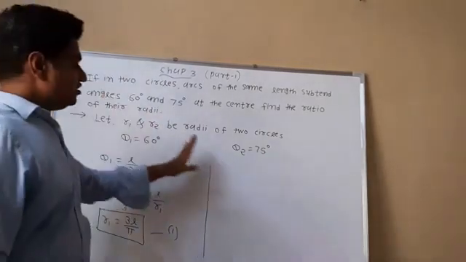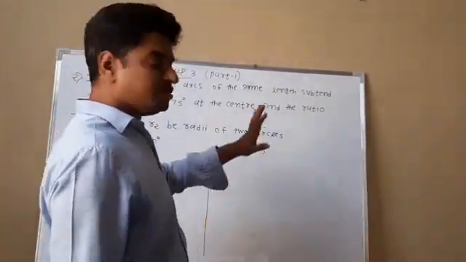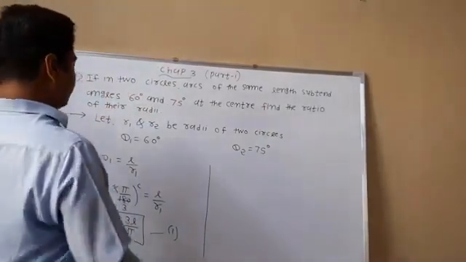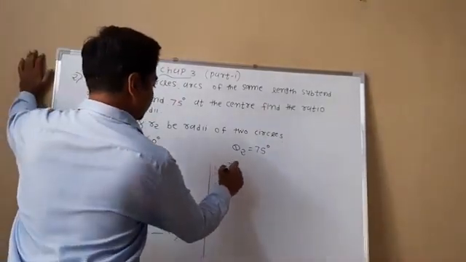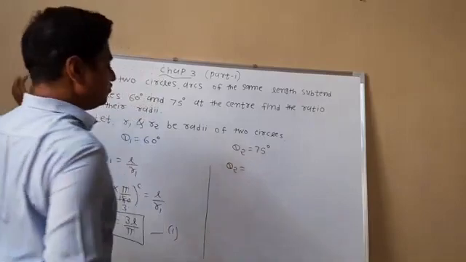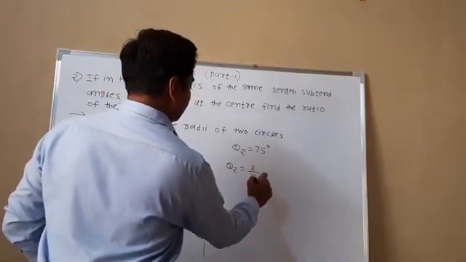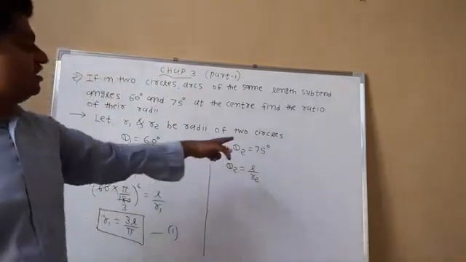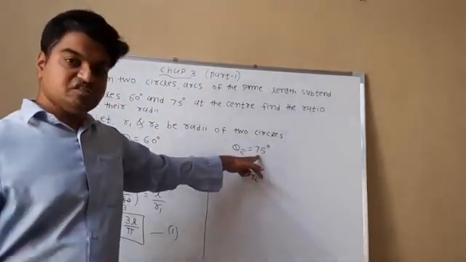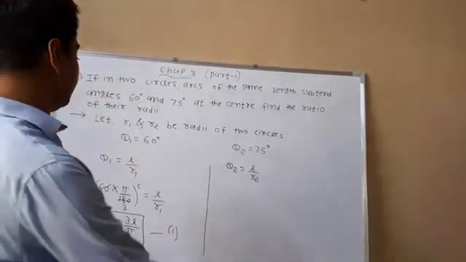Now in the other circle theta 2 is equal to 75 degree. So write theta 2 is equal to L upon R2. Again the degree form is present, so convert this degree form into the radian form.